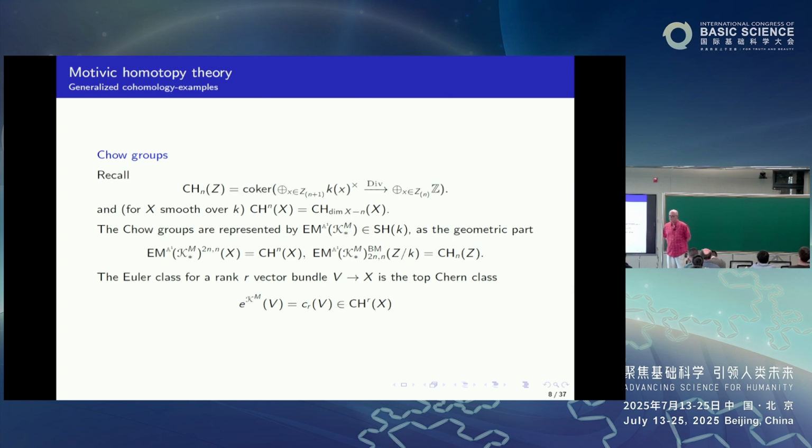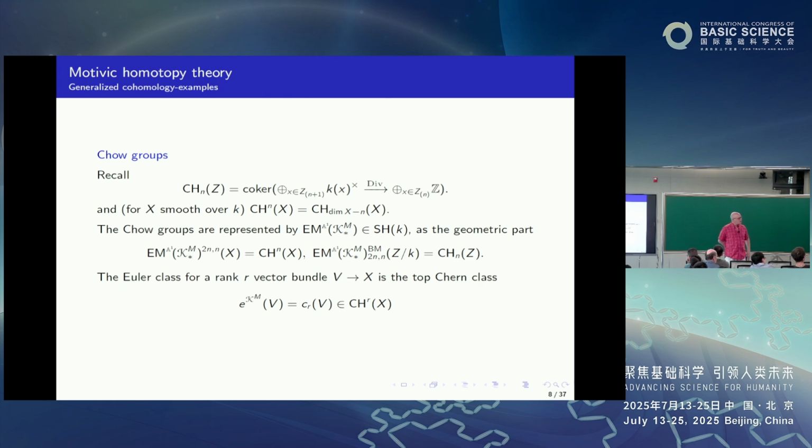Yes, exactly. So we have our Chow groups. You take the free abelian group on the dimension n subvarieties, which you can think of as the free abelian group on the dimension n points of your variety Z, and for some reason I call them x's. And then you mod out by divisors of functions on things of dimension n plus 1.